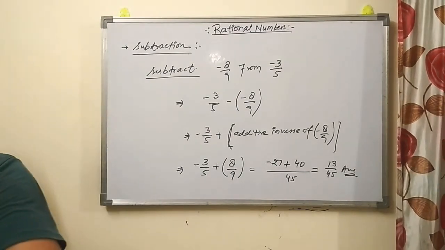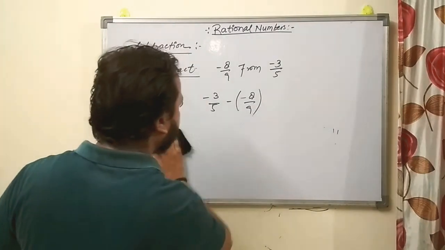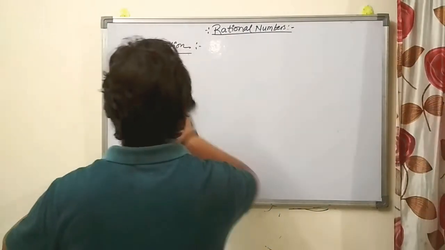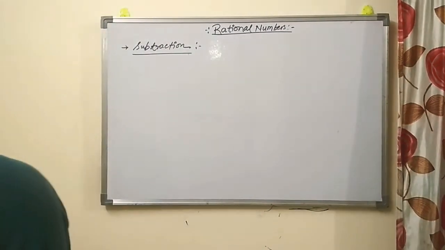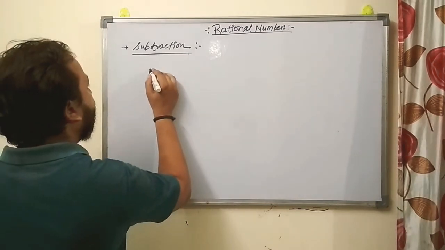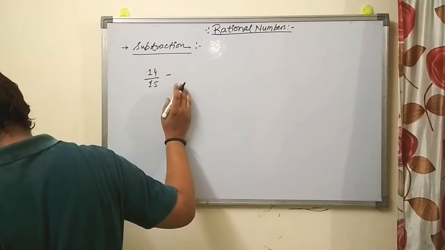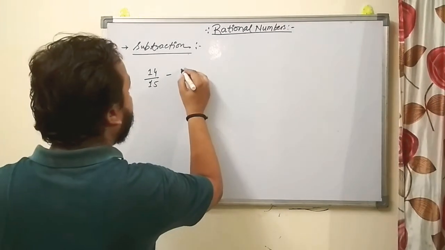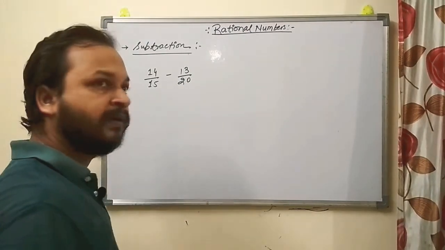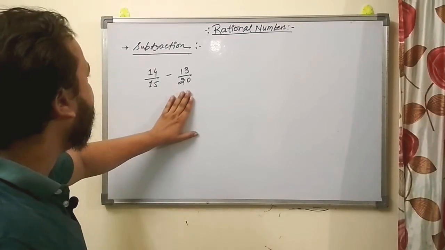I'm taking one more example. The question is given as 14 by 15 minus 13 by 20, right? 14 by 15 minus 13 by 20.